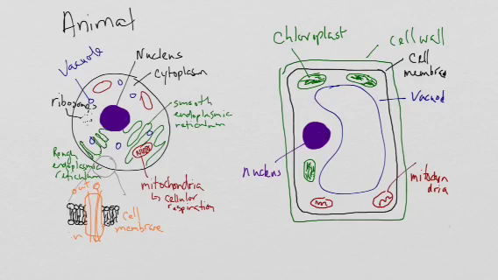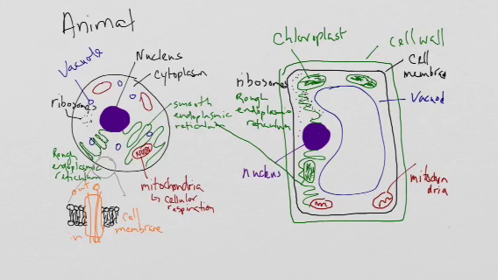Now, similar to animal cells, plant cells also have endoplasmic reticulum. They have both the smooth and the rough, just like in animal cells, where the smooth endoplasmic reticulum does not have any ribosomes, and the rough endoplasmic reticulum is loaded with ribosomes. So again, plant cells are making proteins.